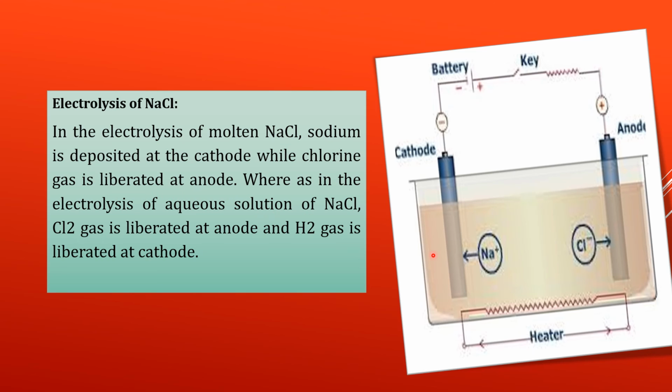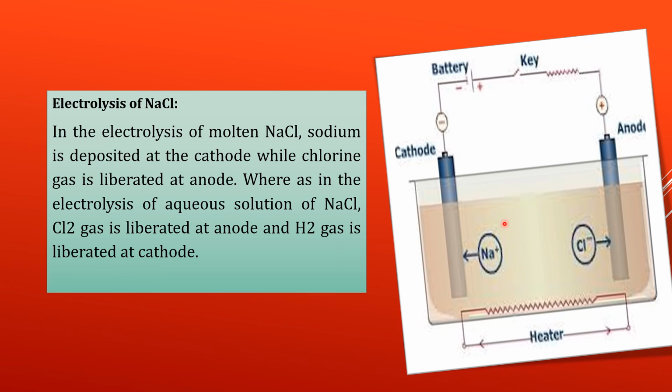Why? Because Cl minus is an anion and it will go to the anode, and so we'll get chlorine gas at the anode. Whereas in the electrolysis of an aqueous solution of NaCl, Cl2 gas is liberated at the anode and H2 gas is liberated at the cathode.